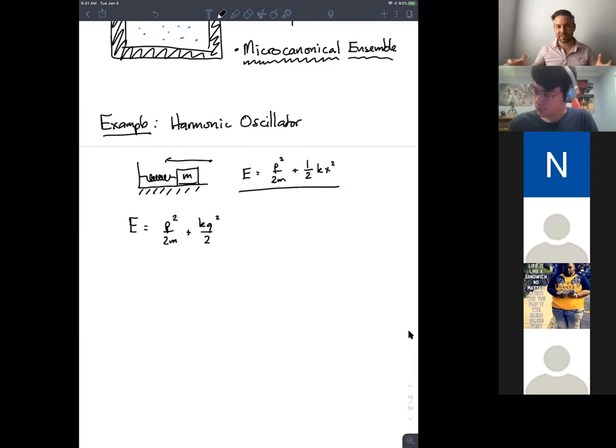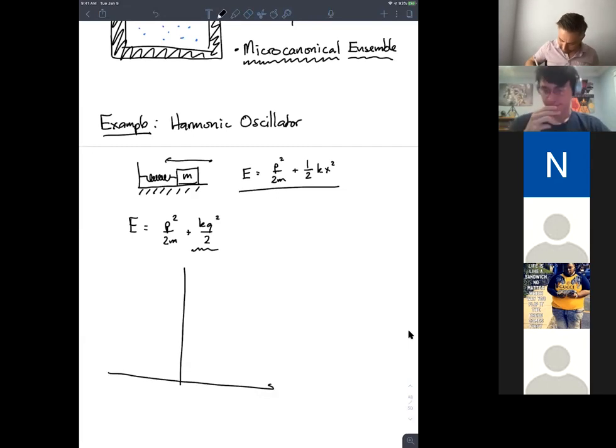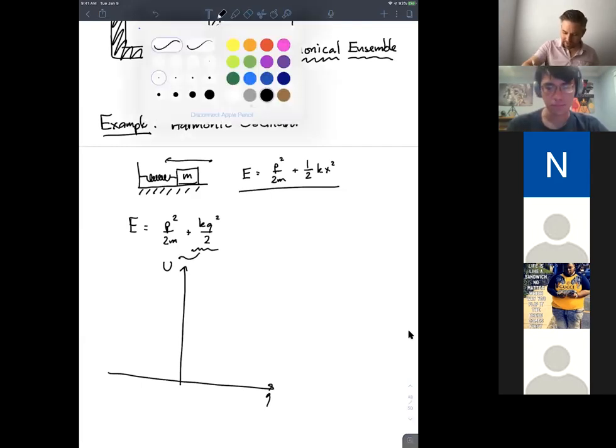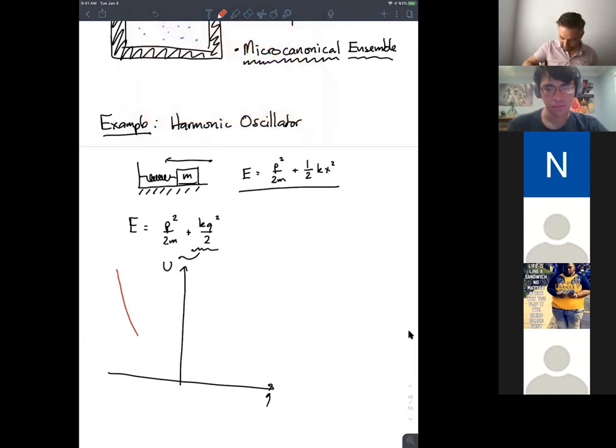So that's generalized coordinates for a harmonic oscillator. And what this harmonic potential is telling you is that if I were to plot position and potential energy, this function, you guys know all this, is a parabola.